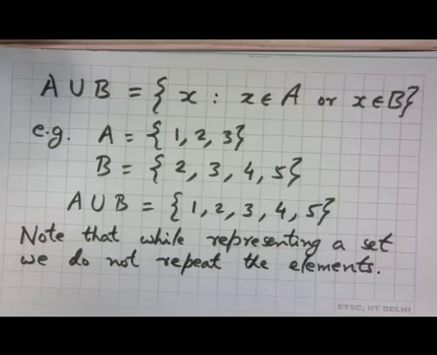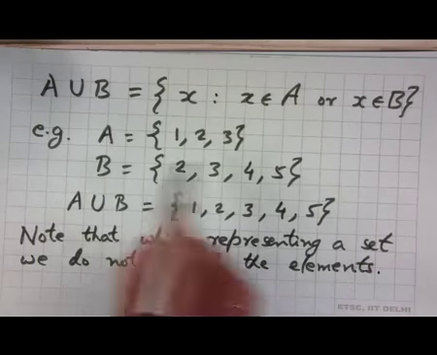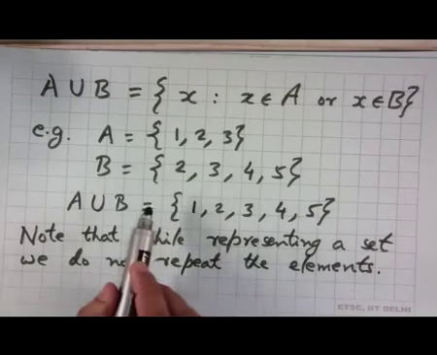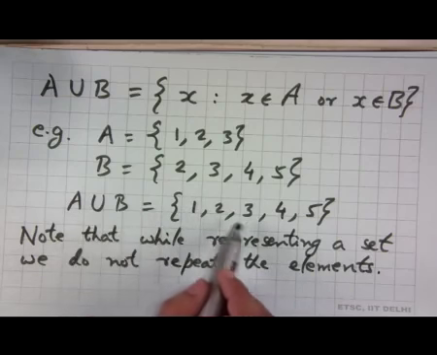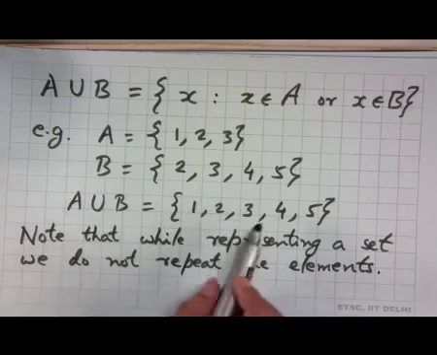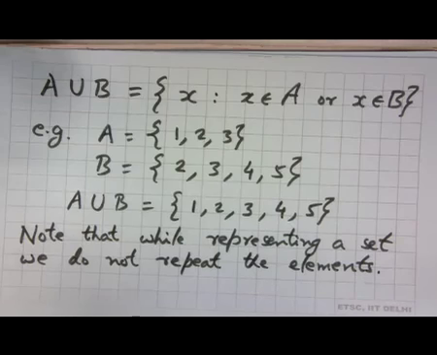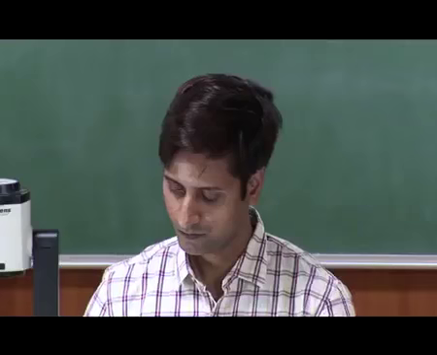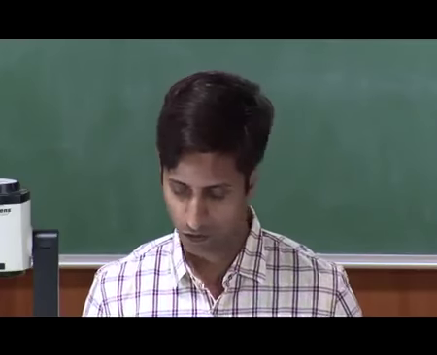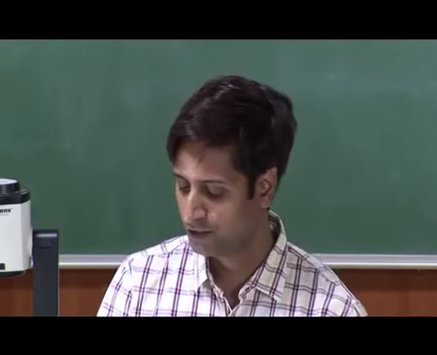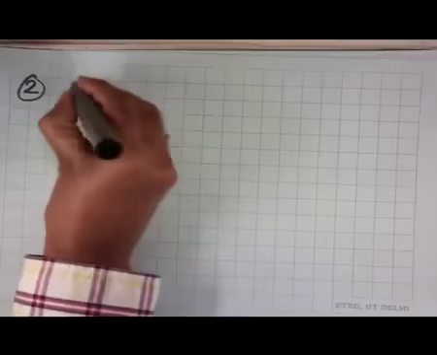For this example, you see 2 and 3 are occurring in both A and B, but when we write A union B, we do not write 2 twice or 3 twice. So, another basic operation on sets is intersection.